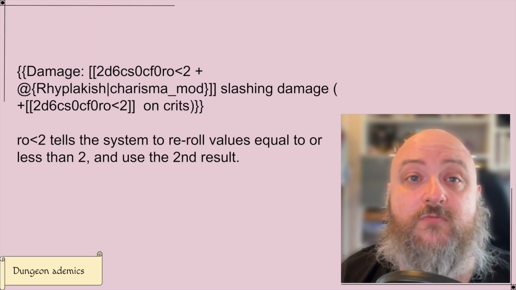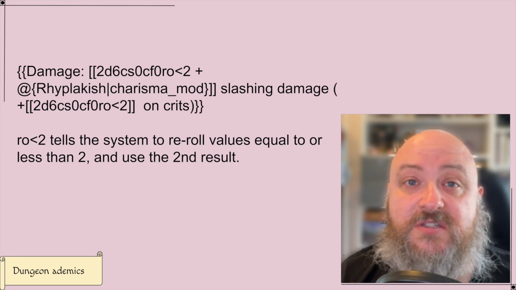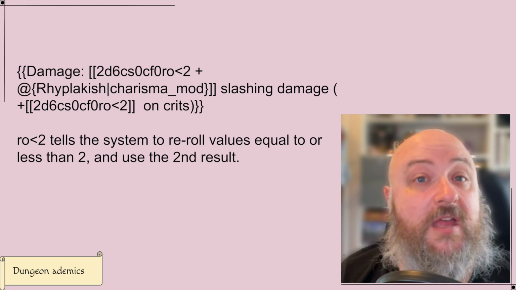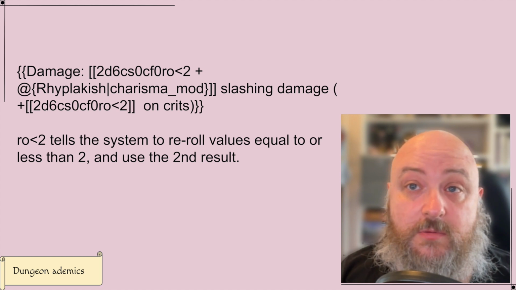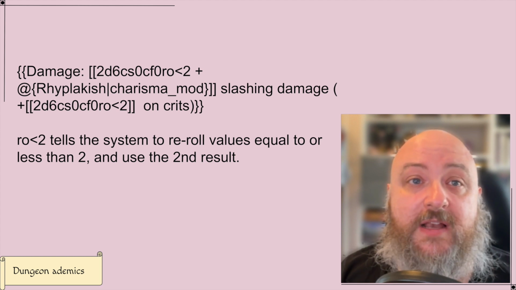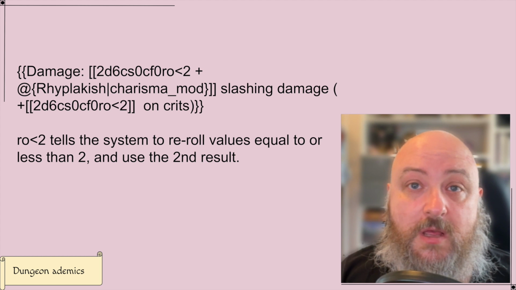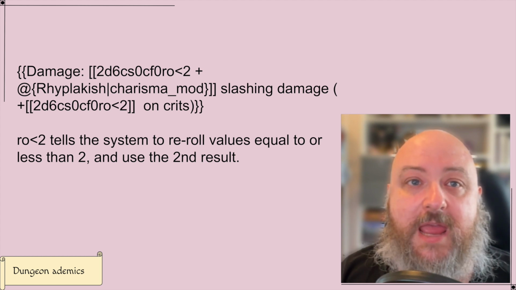Finally, the system rolls damage. I use the CS0CF0 to stop the system highlighting numbers for maximum and minimum values, as damage rolls don't care about this. The RO less than 2 tells the system to re-roll values equal to or less than 2, the part of great weapon fighting we care about.